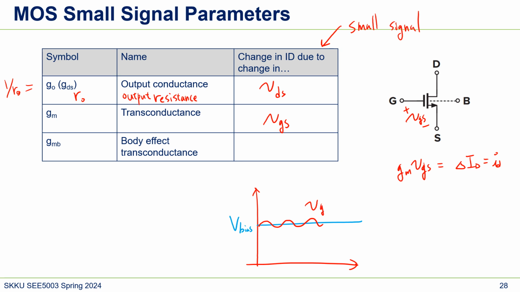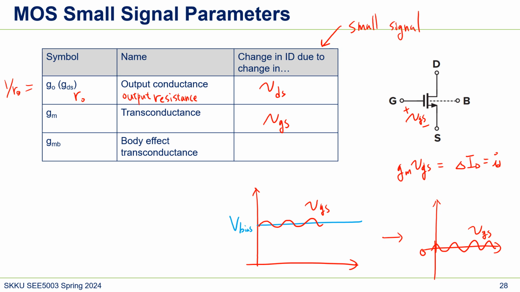So this is vgs, the small signal. And then sometimes we just plot it around zero, like 0 volts and then vgs. So in long story short, vgs is the small signal part of the input VG.